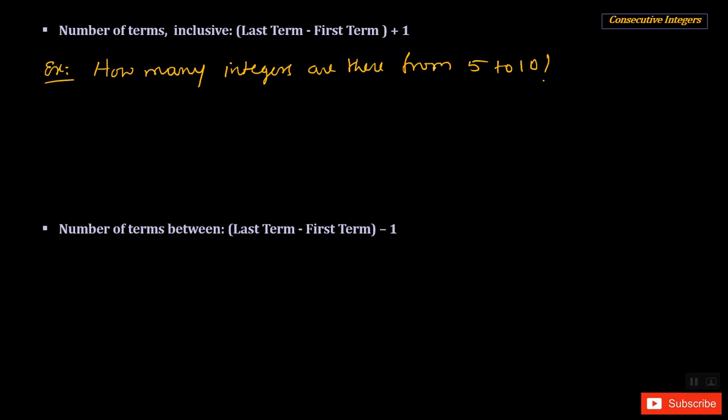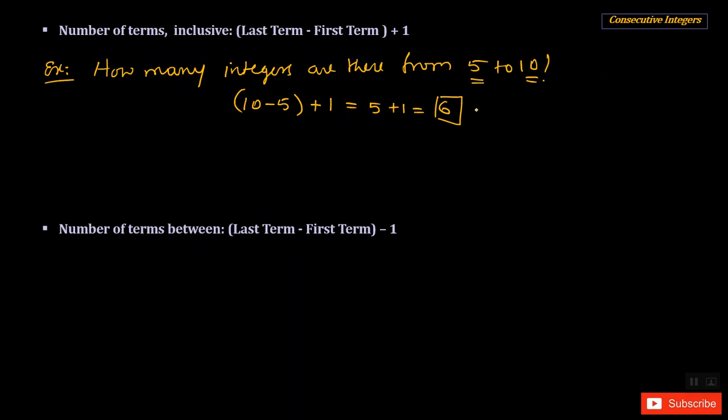So when I'm saying from, it means 5 and 10 are included in that, okay? So let me use this rule. First is 5 and the last is 10. So the rule says last term minus the first term. I can say 10 minus 5, add 1 to this difference, plus 1. So 10 minus 5 is 5 plus 1, total 6. So we can say there are 6 integers from 5 to 10.